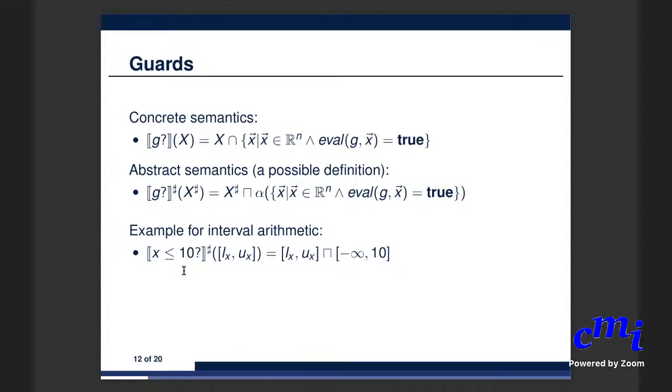It should include all the values for which this Boolean expression is true, but you can throw in other values for which it is not true also, because as long as it's an over approximation, it's fine. So if these guard expressions cannot be precisely expressed, you will have to lose precision there.